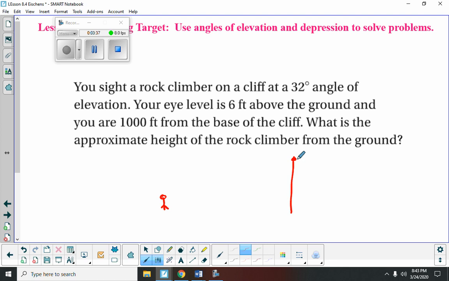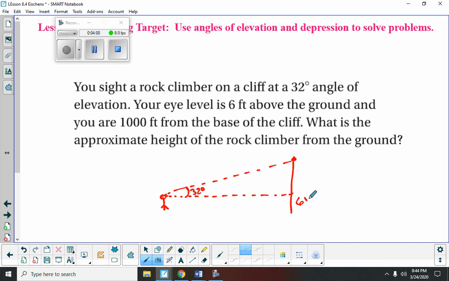Your eye level is 6 feet above the ground. So this is if you look straight ahead, and this is the angle that you're looking up. We'll call that 32 degrees, the angle of elevation. And your eye level from here to here is 6. So I'm going to put a 6 right here, 6 feet.